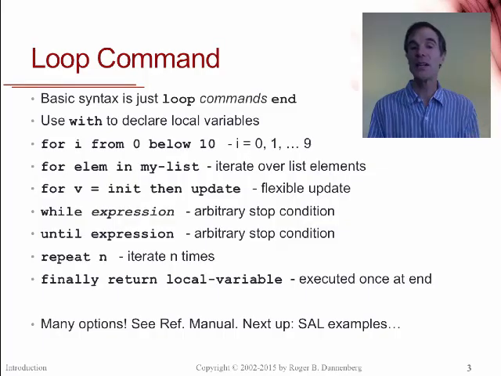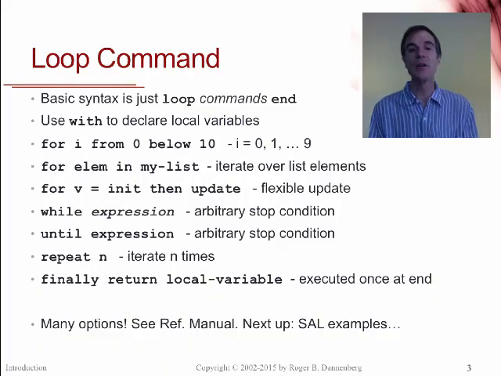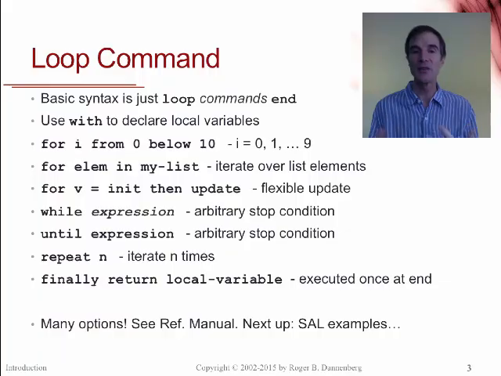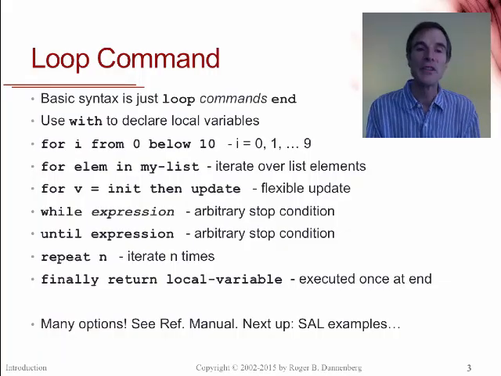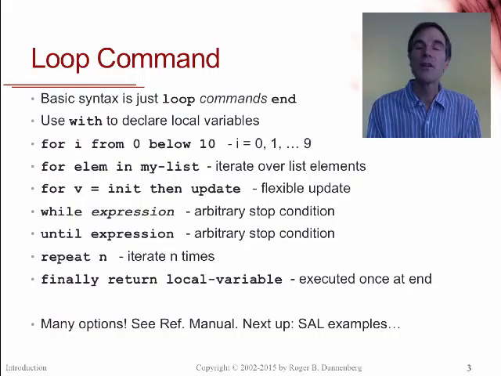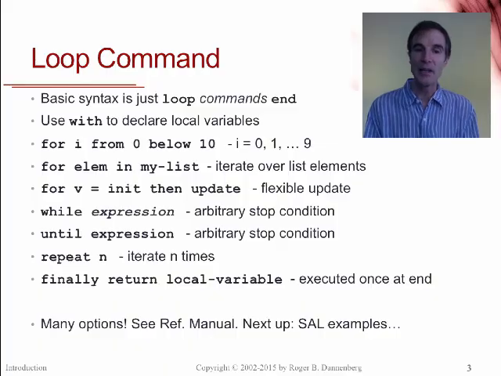You can also say while expression to give an arbitrary stop condition, or until expression, which just reverses the true-false condition for stopping. You can repeat a loop n times by writing repeat n.